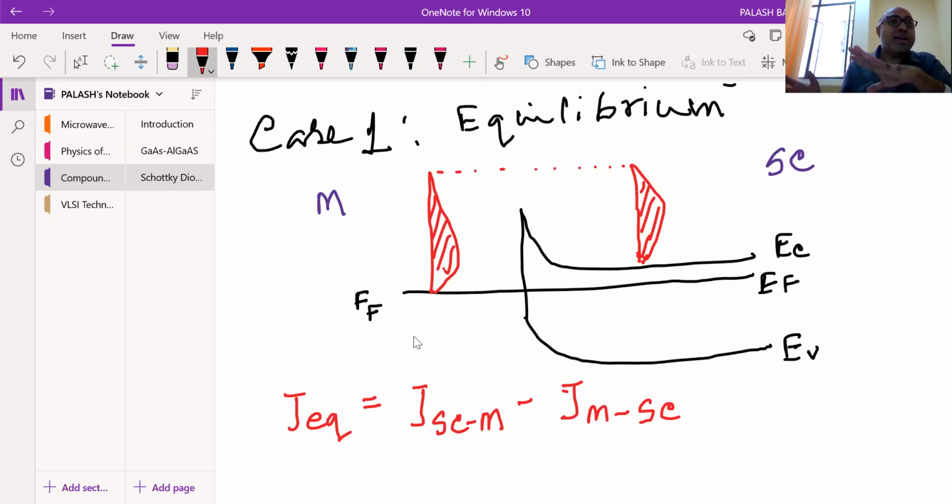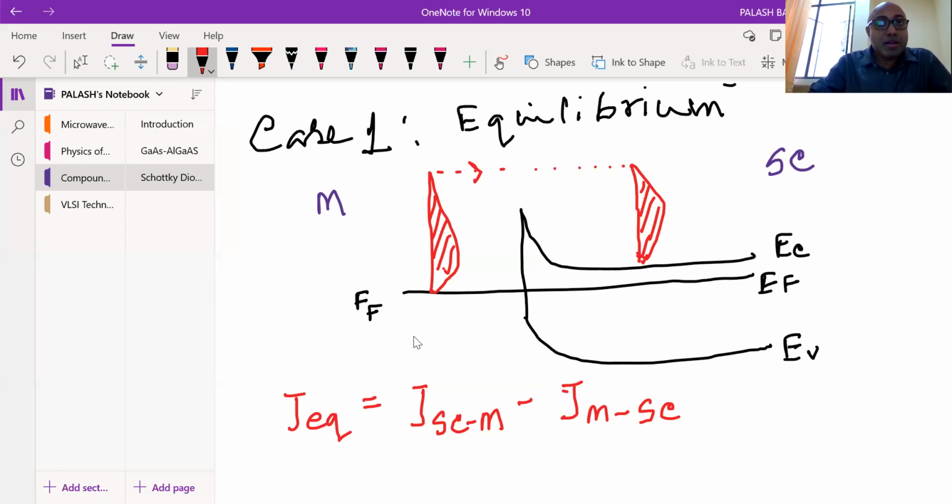So it doesn't mean the current is zero. Net current is zero. Absolute value of currents are not zero. That is what I'm trying to tell you: you have a metal to semiconductor and some currents are flowing in this direction, definitely.